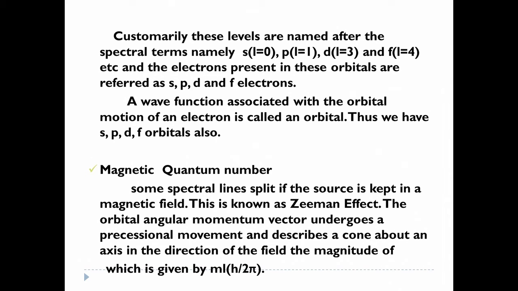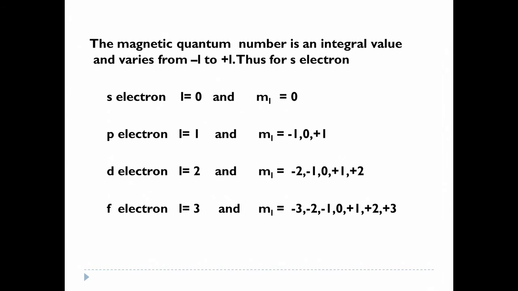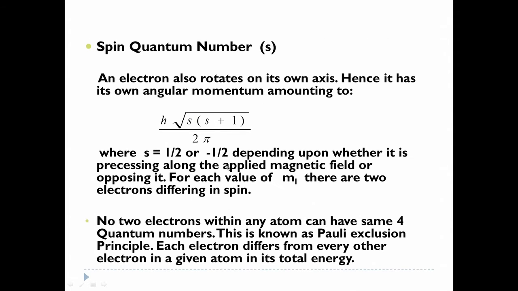That we are not dealing with right now; we are dealing only with molecular spectroscopy, but we should all be very familiar with the Zeeman effect with respect to the splitting of spectral lines in a magnetic field. The magnetic quantum number changes from 0; L equal to 0, L equal to 1 means there will be 3 values, minus 1, 0 and plus 1, like that. So, different magnetic splitting will take place.